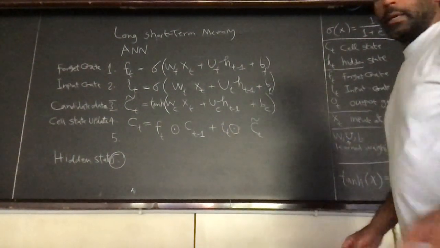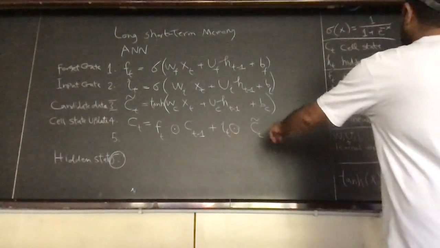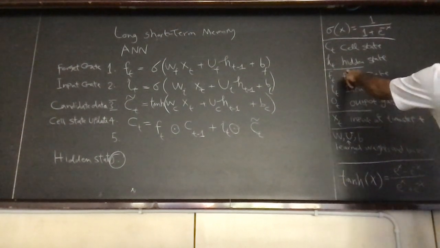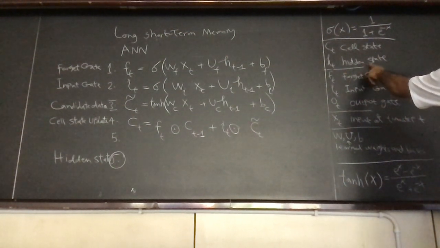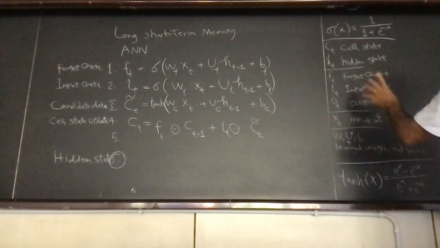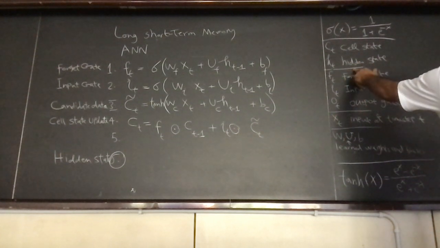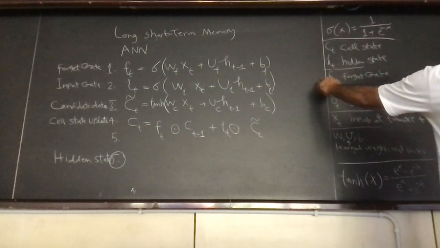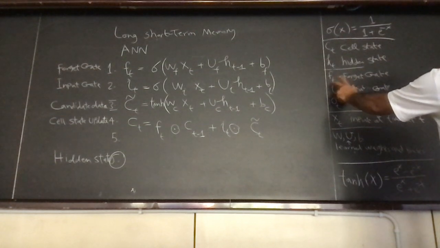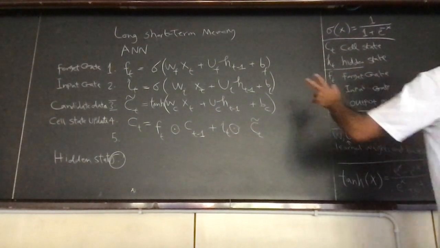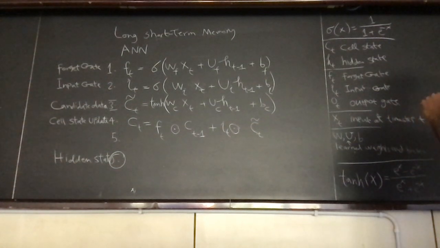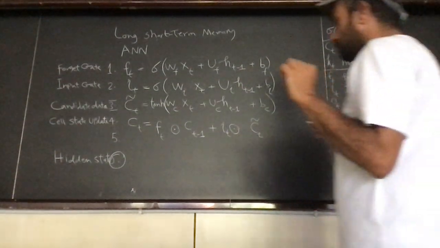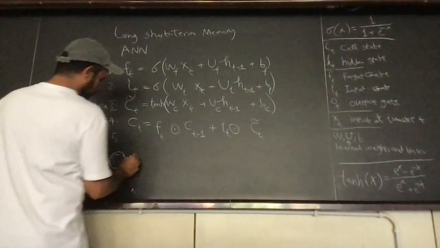The hidden state, as we have said, is a filtered version of the cell state. It represents the short memory at time step t. It's a gated nonlinear projection of the memory into the output space. What is the mathematics of it? Hidden state.